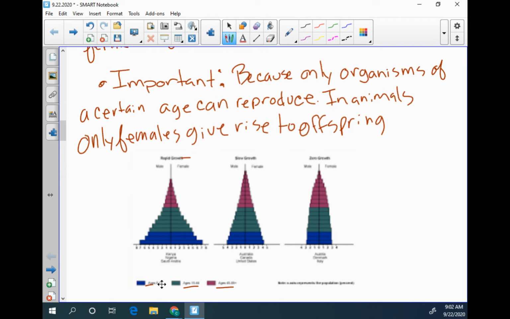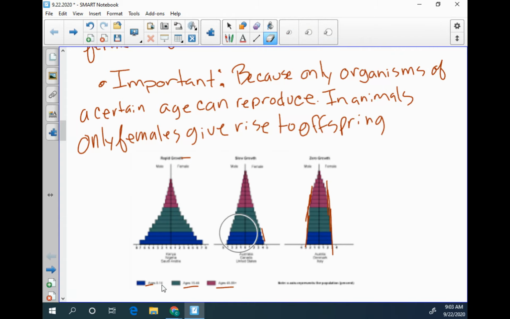In this diagram, we can see it's slightly larger, but we're not in a period of rapid growth. And here, the number of older people is almost the same as the number of younger people, which means that the population is stable, meaning the people in one generation are having exactly enough kids to replace the people who are dying.